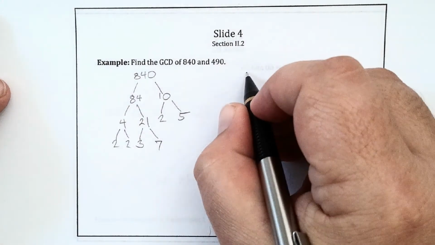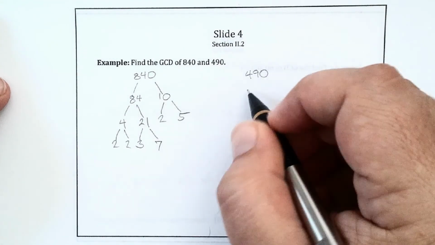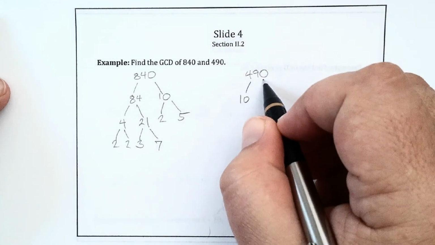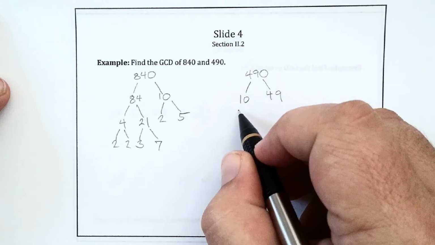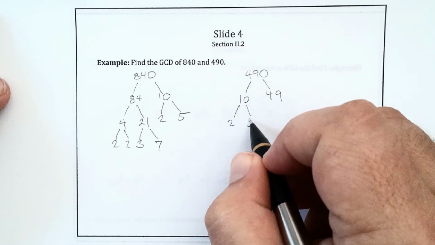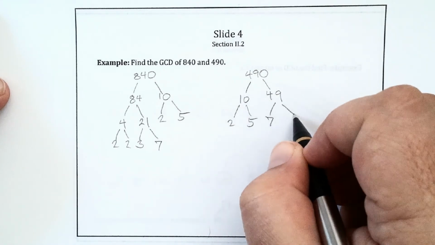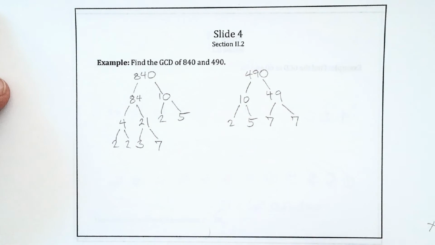So let's see, we have 2, 2, 2, 3, 5, and 7. Okay, now 490. 490 is 10 times 49. 10 is 2 times 5. 49 is 7 times 7. 2, 5, and 7 are all prime.